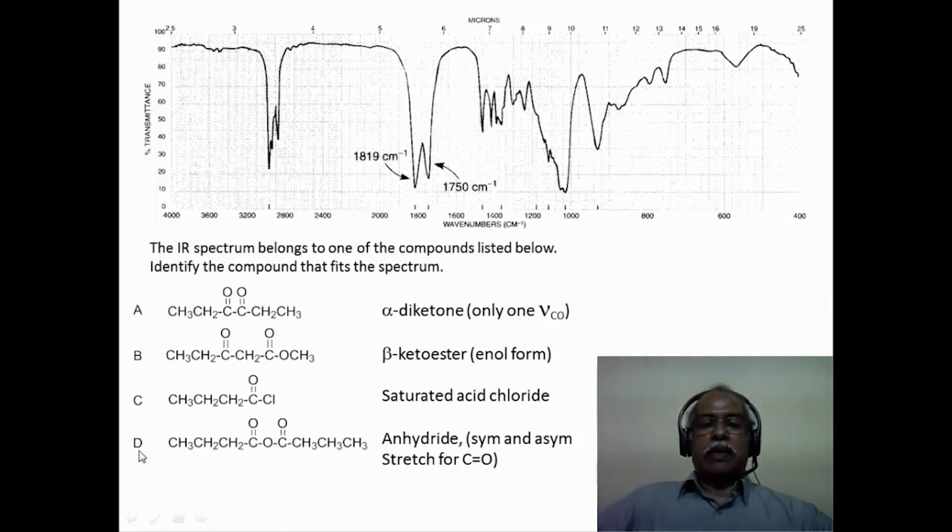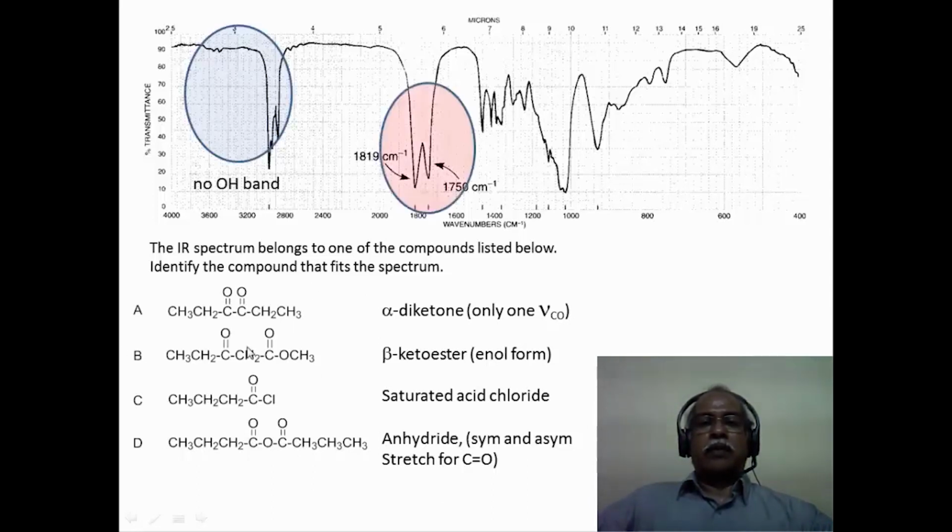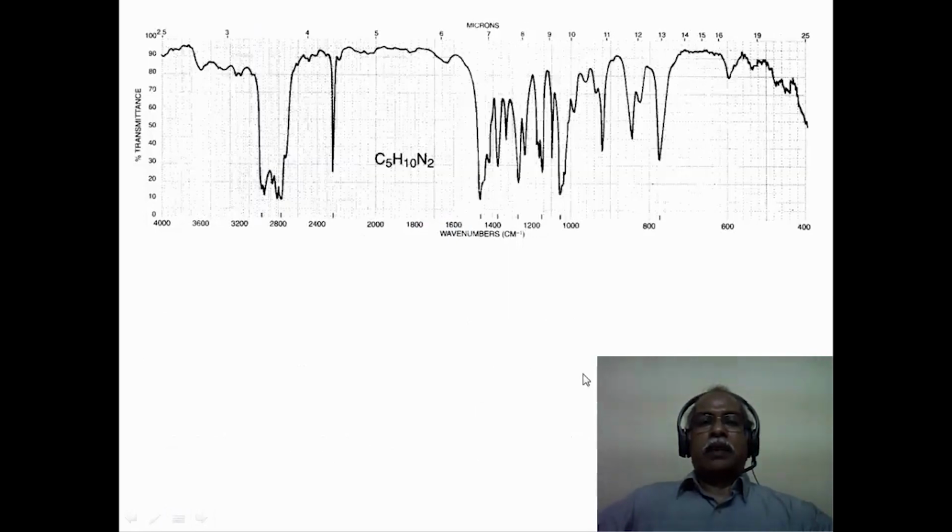The structure D corresponds to the spectrum perfectly in terms of fitting the data for the two carbonyl stretching frequencies in the region 1820 and 1750, corresponding to asymmetric and symmetric stretching frequencies of the anhydride system in this case. So no OH band, so rule out B. Two bands in the infrared carbonyl stretching frequency in the 1800 region definitely correspond to the anhydride system.